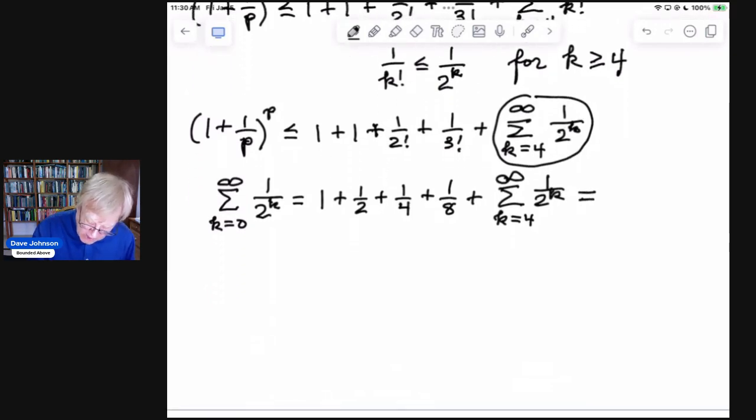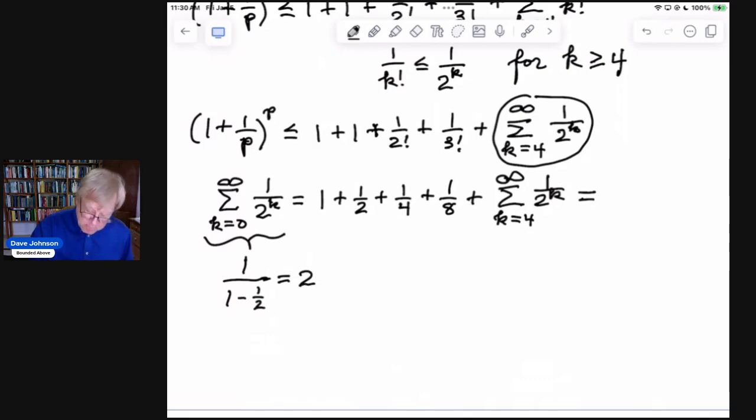But we know how to sum that expression, and you might want to go back and look at the infinite geometric series. So we get 1 divided by 1 minus 1/2, because 1/2 is what is called the common ratio. And so if we do this arithmetic, we get 2.